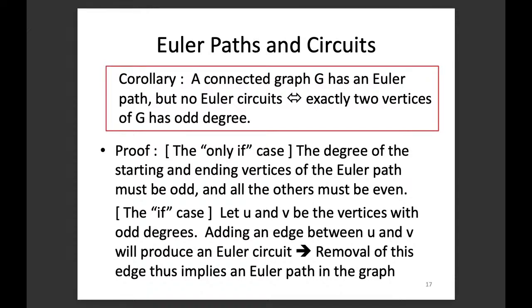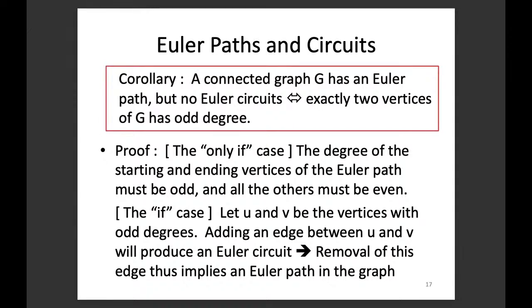So what happens when we only want to talk about the graph that has an Euler path, but no Euler circuit? Then the idea here is that if it has an Euler path but doesn't have an Euler circuit, then if we add an extra edge joining the beginning vertex to the end vertex of this path, then it must form an Euler circuit. So an Euler path without an Euler circuit means that it is an Euler circuit after removing exactly one edge.